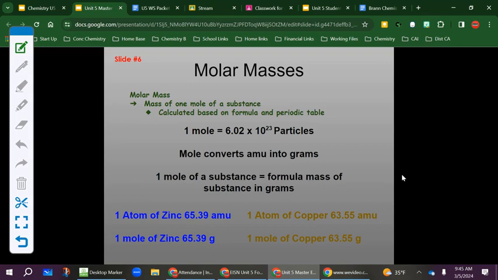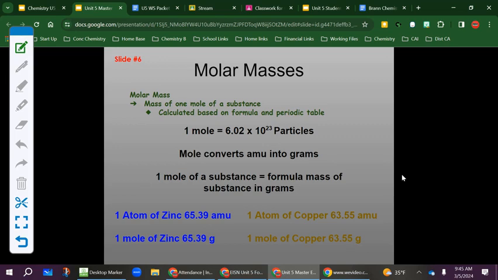However, in here, I have water, H2O. That is a molecule. The mass of hydrogens on the periodic table, 1.01. The mass of oxygens on the periodic table, 16. But we got to be careful because how many hydrogens are in here? 2.